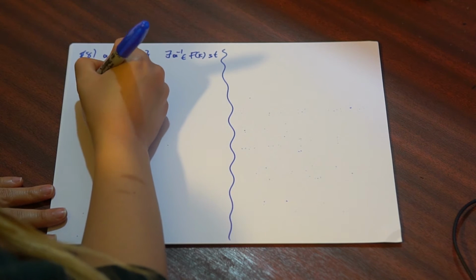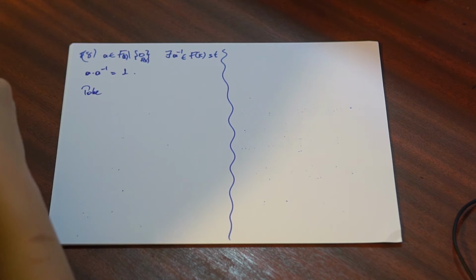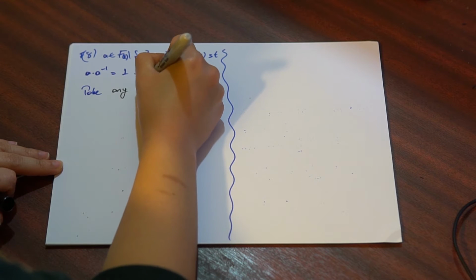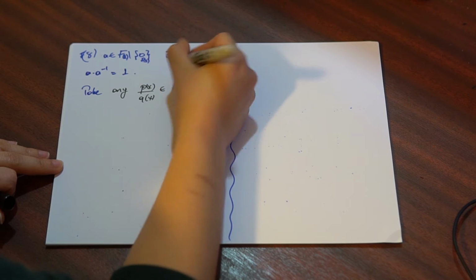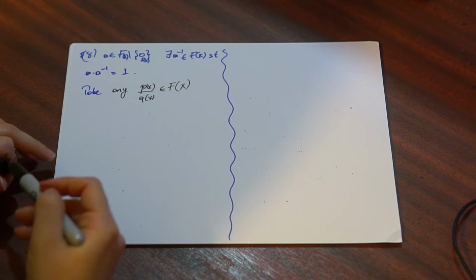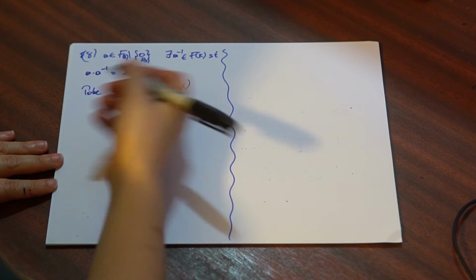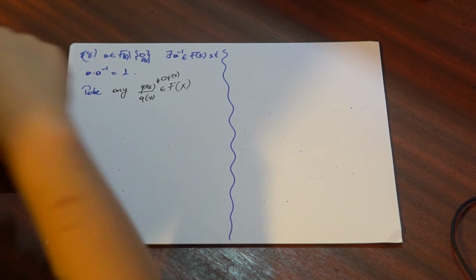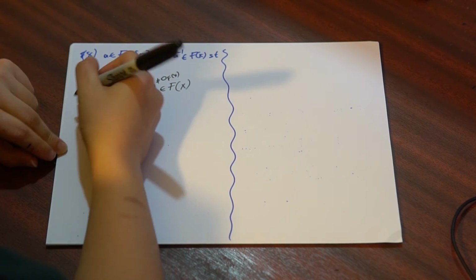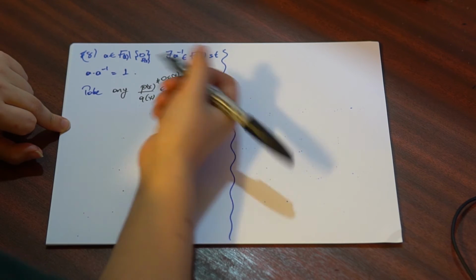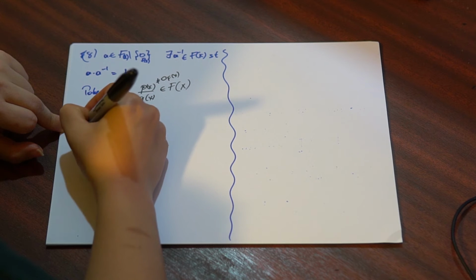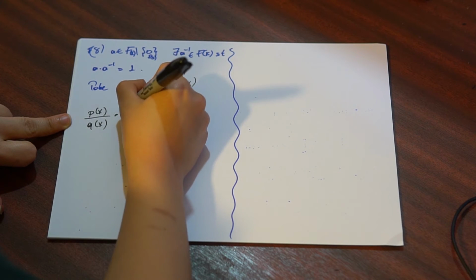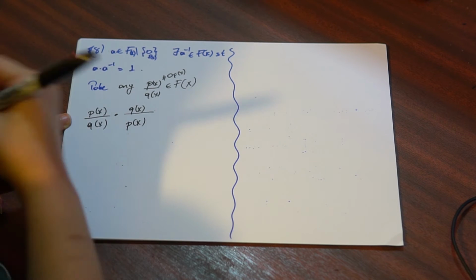So take any p(x) over q(x) in the set of rational functions, a non-zero element. Now we need to show that for this element we have an inverse. So also take p(x) over q(x) times q(x) over p(x).